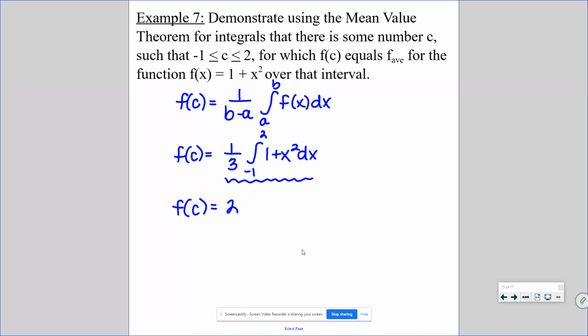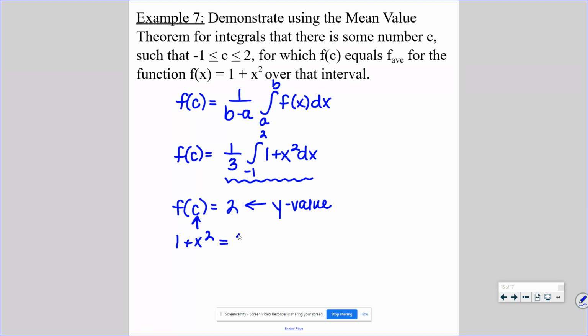Okay, so I told you average value is the y value, right? This is the y value. But what's happening in this problem is you're being asked to find the x coordinate where this y value exists. What x coordinate gives this y value? Well, what you're going to do is you're going to plug in 1 plus x squared for f of c. You can call it 1 plus c squared if you'd like.